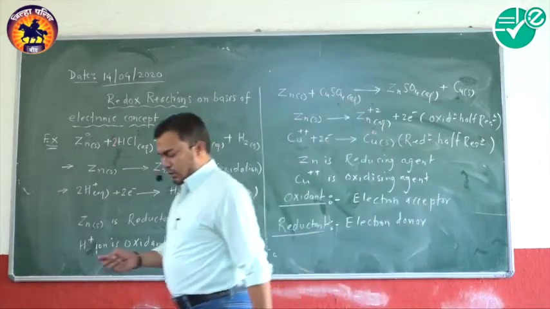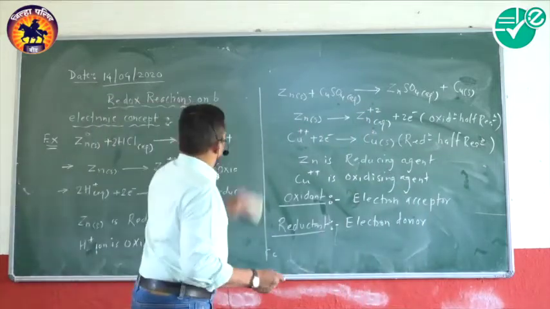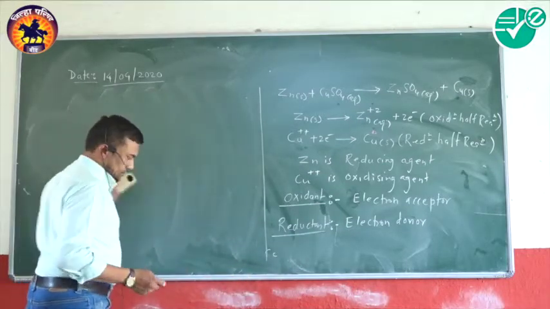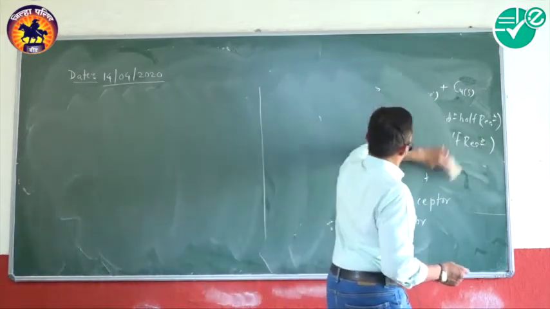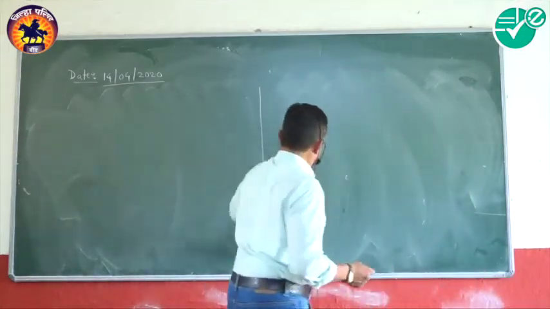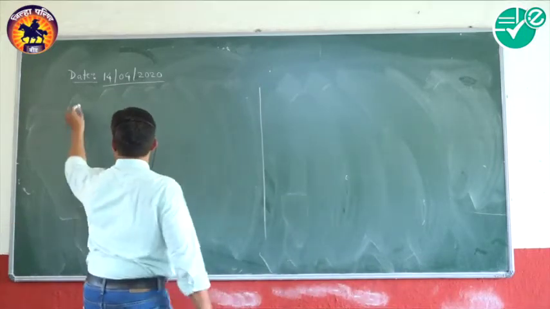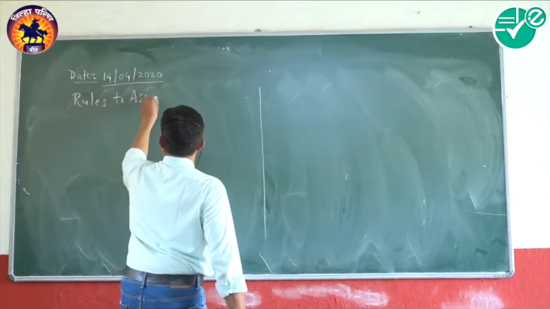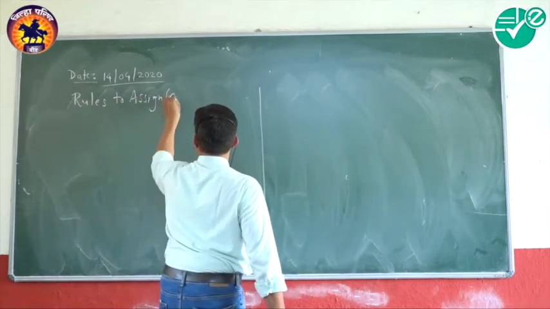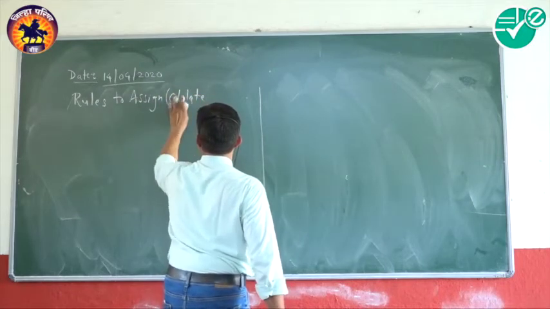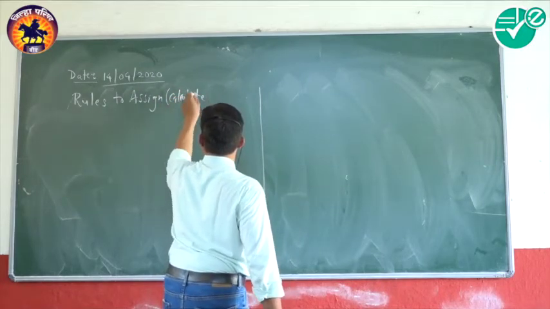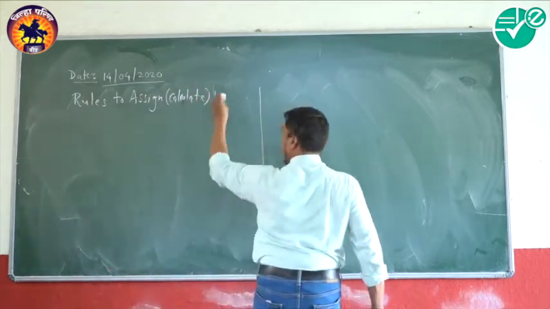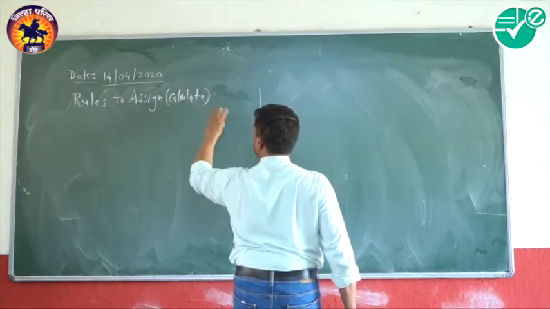So we'll move to the next part, that is rules to assign or to calculate the oxidation numbers. Now here are some rules to calculate the oxidation number of the atom, ion or molecule.